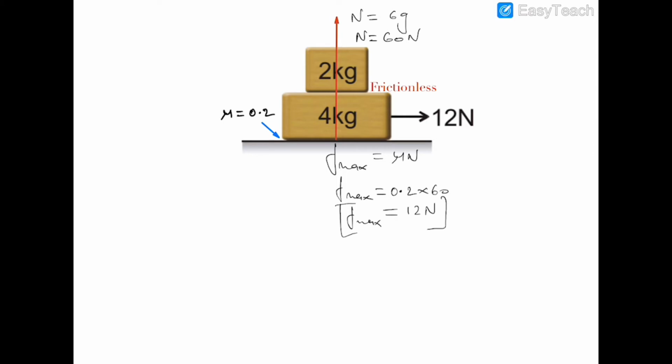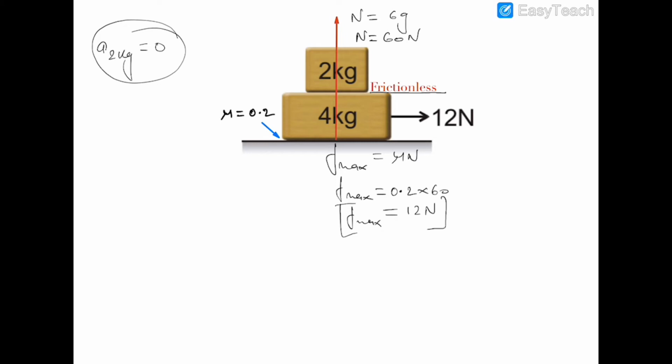In these kinds of questions, you should first find out the maximum possible friction which can act at all the surfaces. Now we can see that the surface of the 4 kg is frictionless, hence the 2 kg will again not experience any force which will move it, and therefore the acceleration of the 2 kg block will be 0. We can directly conclude this.